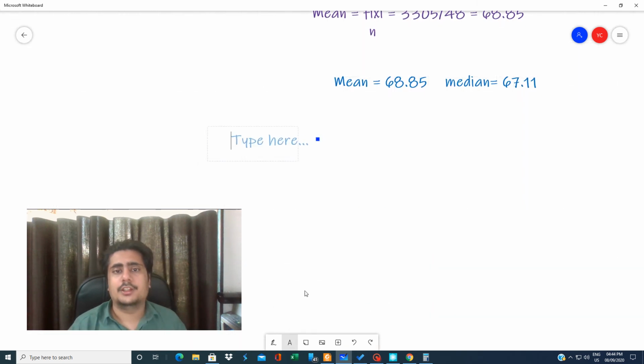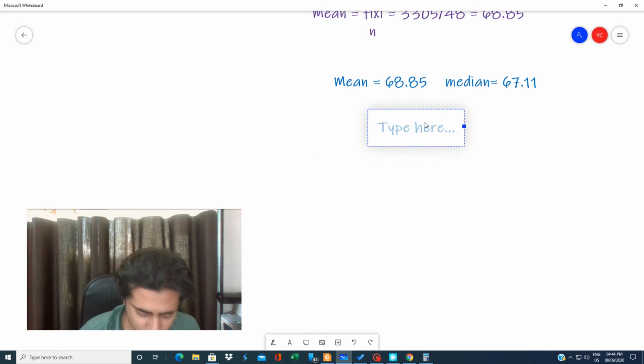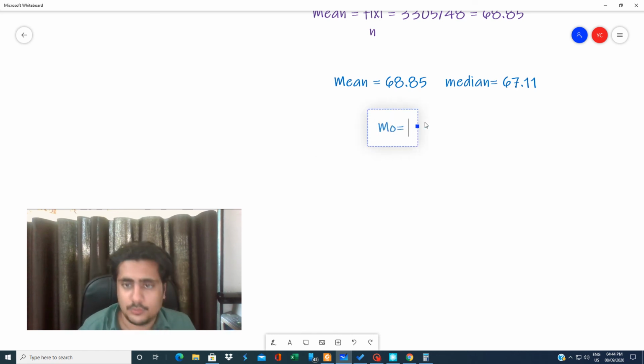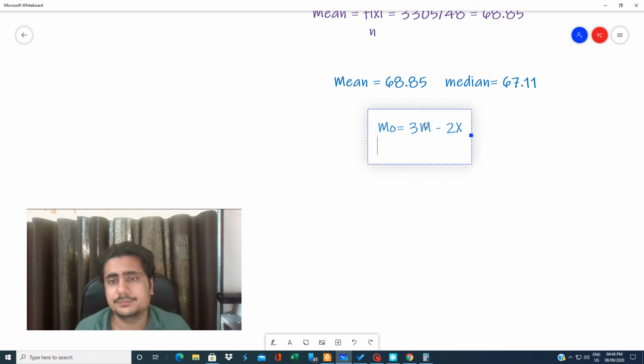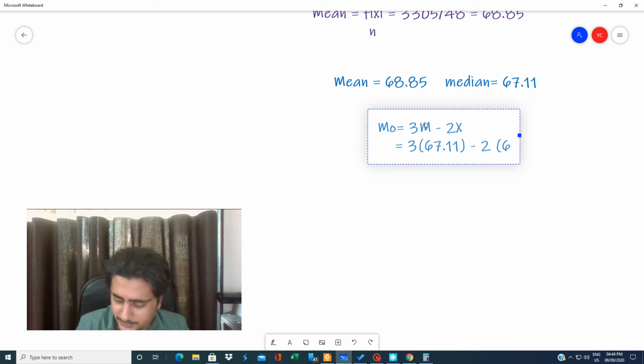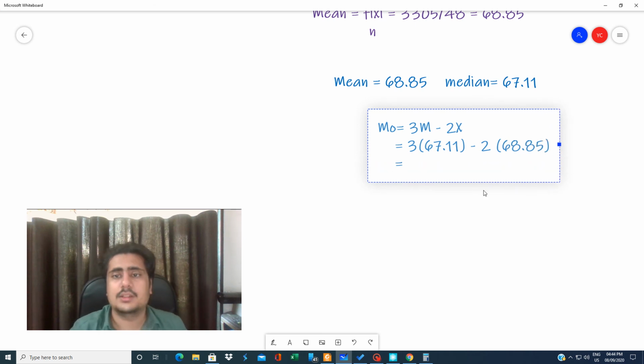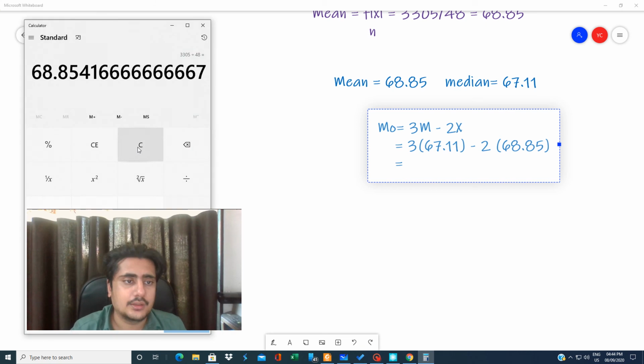Now I want to find the mode. So my mode is equal to 3 into median minus 2 into x bar. So it is 3 into... Now what is your median? 67.11, minus 2 into x bar, which is 68.85. So what is 67.11 into 3?